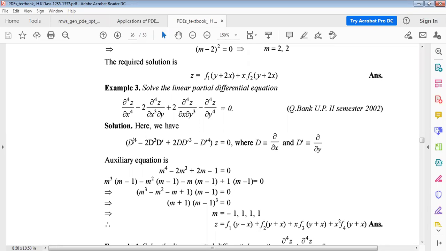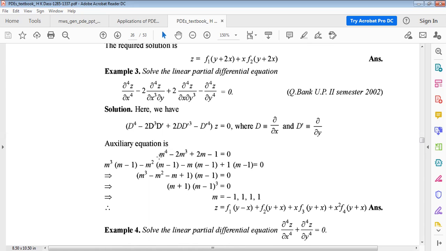So this is the auxiliary equation. Here capital D equals ∂/∂x and capital D dash equals ∂/∂y. The auxiliary equation can be written as m⁴ minus 2m³ plus 2m minus 1 equals 0.